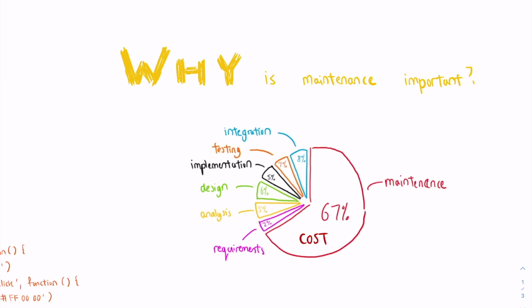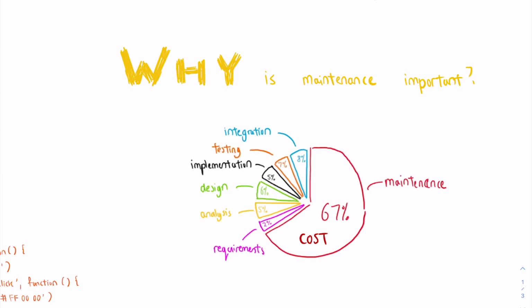This is a typical representation. Of course, the exact numbers are not the most important thing. Basically, this enables us to know that maintenance takes up the most amount of effort, and in turn, the most amount of cost in any software project.